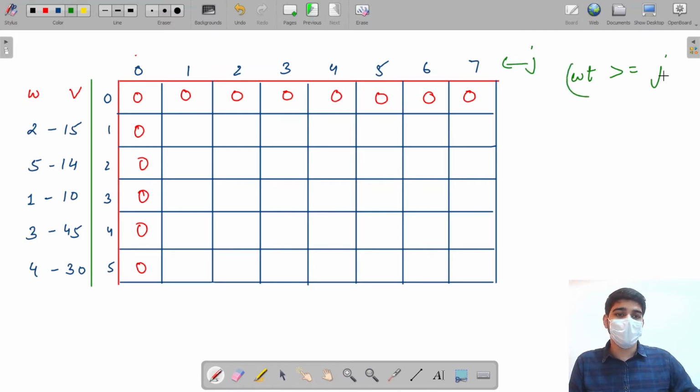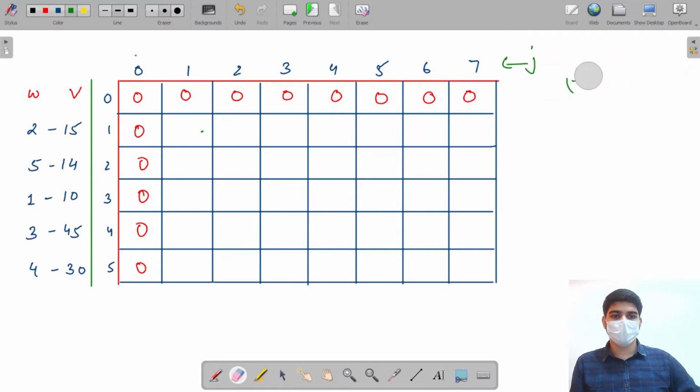If my weight is smaller than or equal to J, then only I can place it. Other than that, I can only exclude it. So at this point, I can either exclude or include this particular item, but as the capacity is 1, I have no other option than excluding it, right?